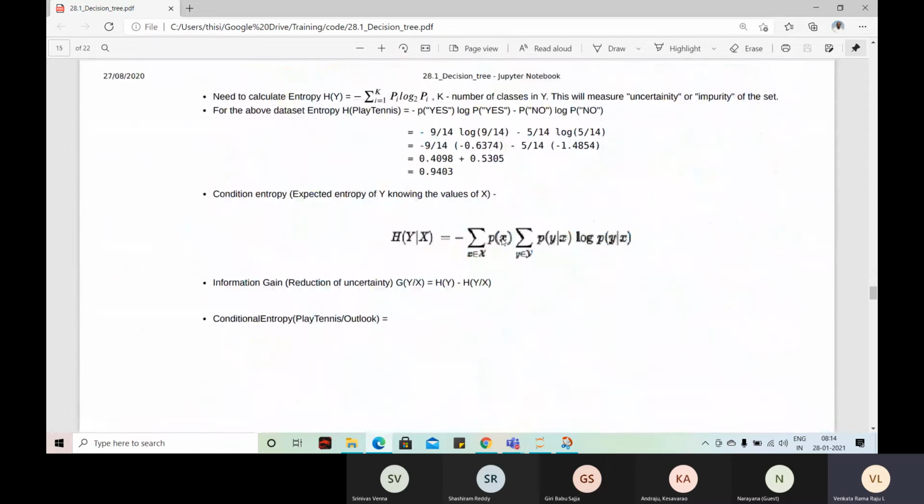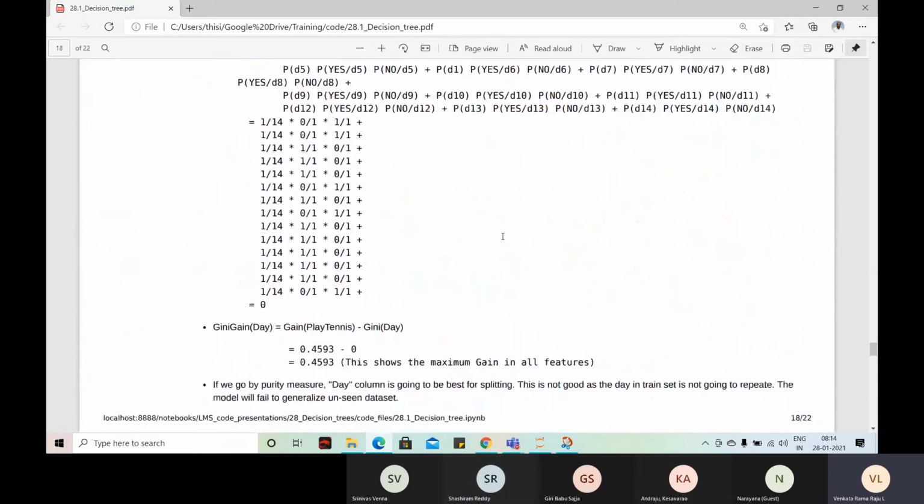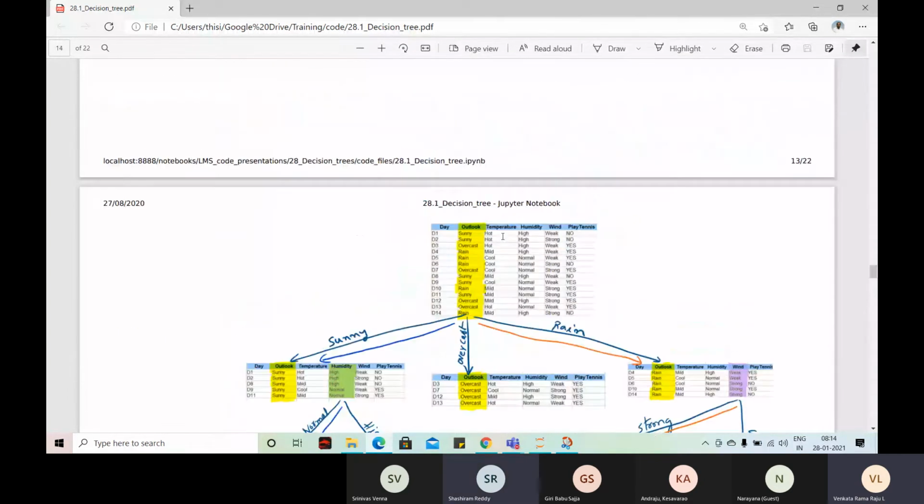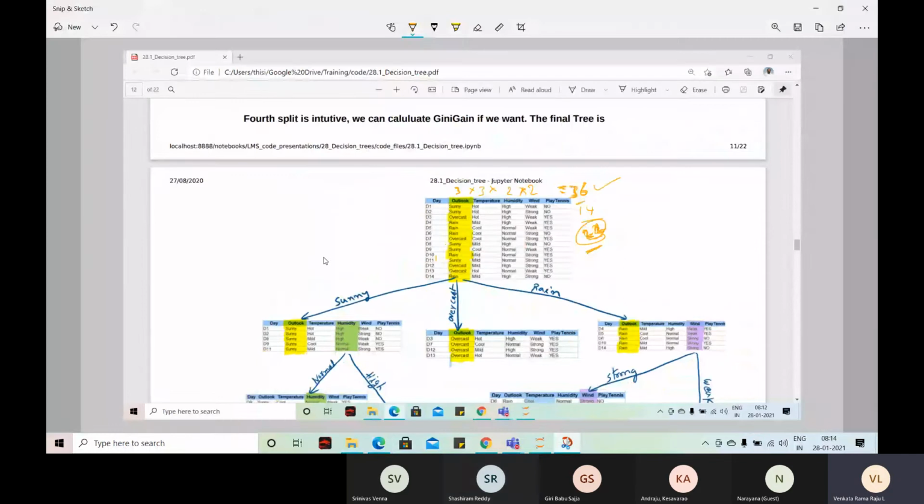So if you understand these concepts, I'll go into the math. Go ahead. So what is that 14 and 22? There are three distinct values in the outlook.